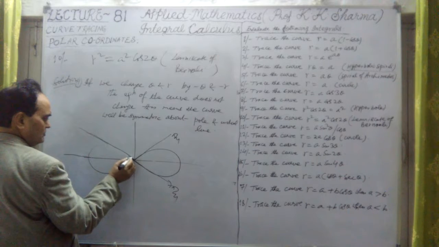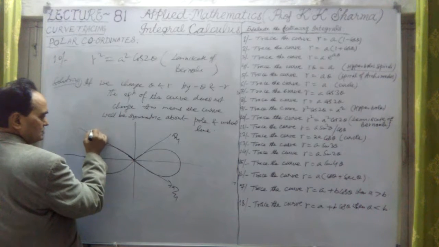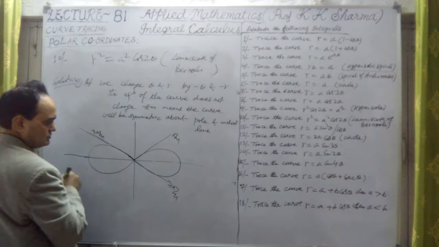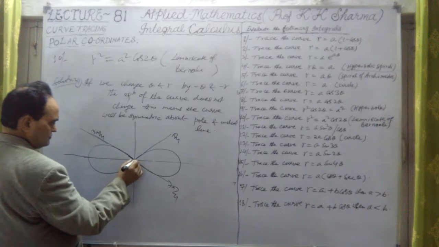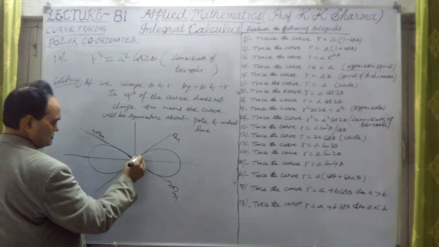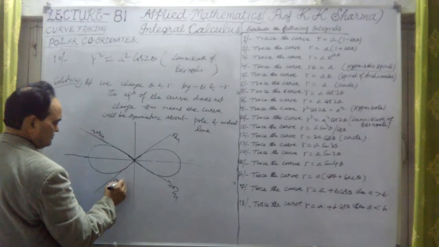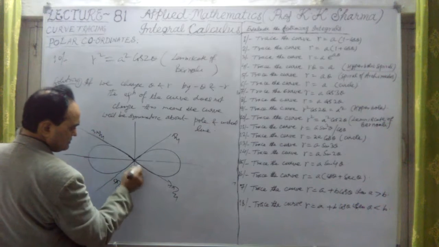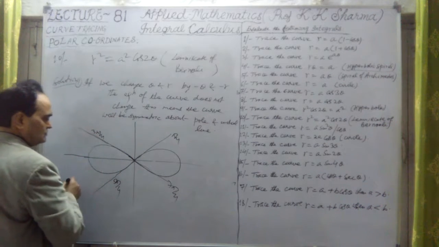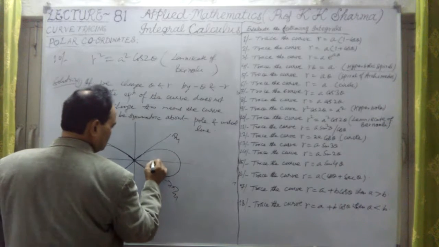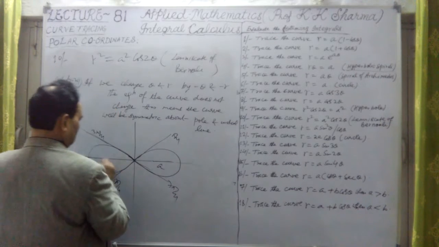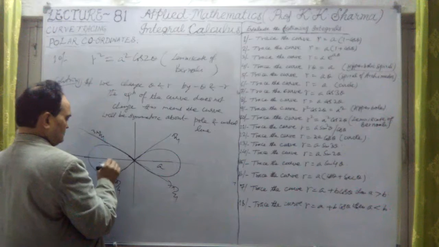This figure will be of 3 pi by 4, 5 pi by 4, 7 pi by 4 and 5 pi by 4. And this distance is a here, and minus a to this side.